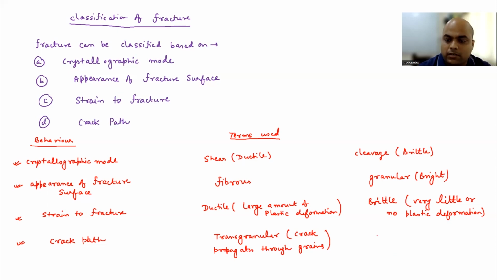Okay. Now the other one is intergranular. So here the crack is propagating through grain boundaries. So the crack propagates through grain boundaries.